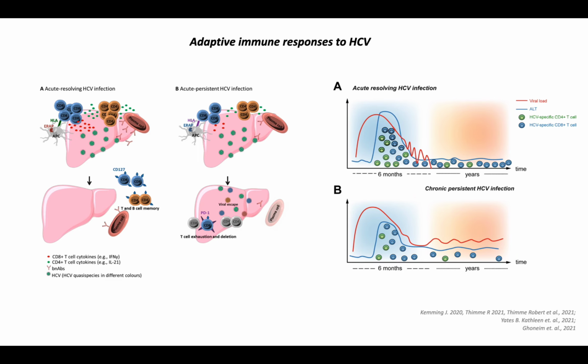Whereas in case of acute persistent infection, there's a viral escape, there's PD1 expression on CD8 T cells, and there's T cell exhaustion and deletion of CD4 T cells. So all this combined doesn't help in the clearance of the infection, and it becomes persistent after 6 months. This is true in around 75% of the cases that it becomes a chronic infection, and in around 25% of cases it clears the infection.